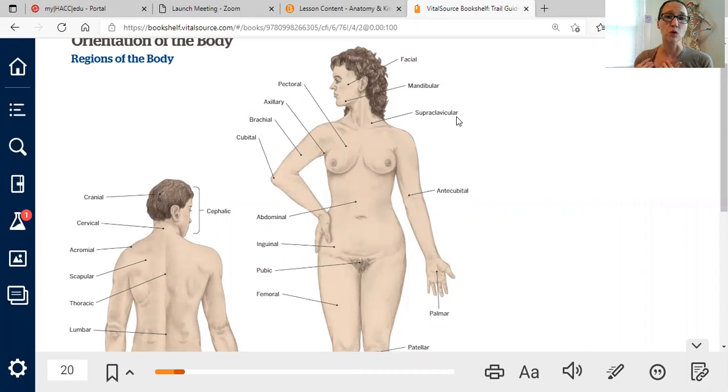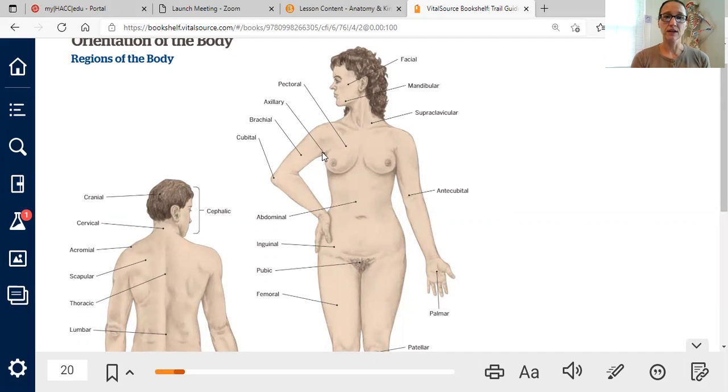That's the layman's term for it. Right there, that's the clavicle. So supraclavicular means above the clavicle. You also have a pectoral region. This is really the anterior chest here. Your pec muscles are very large and they take up most of the anterior chest wall. So that's the pectoral area.